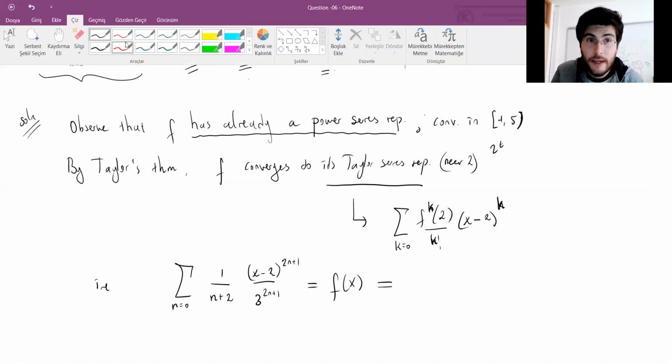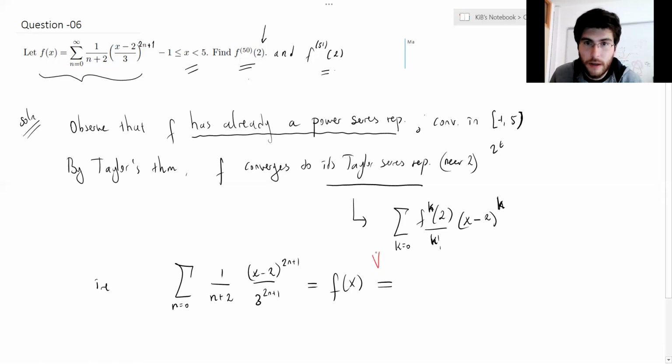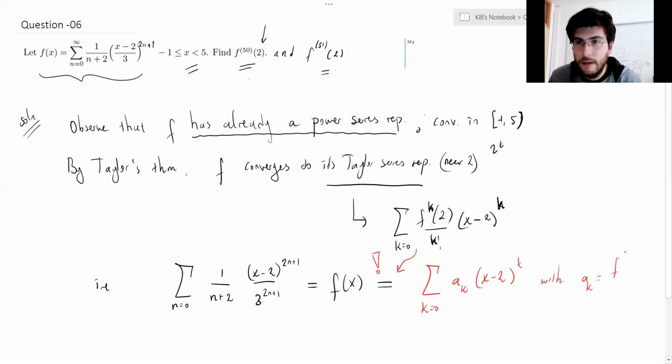This is not the case in general, I just try to warn you. Now this really converges to the Taylor series generated by f, the sum of a_k times (x - 2) to the k, with each a_k determined by the derivatives of f.